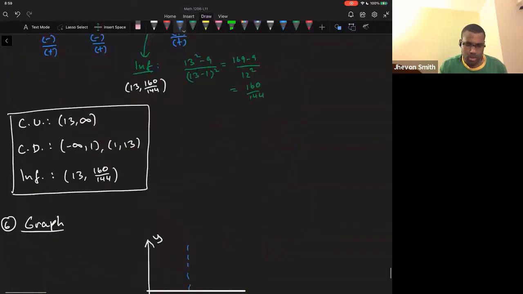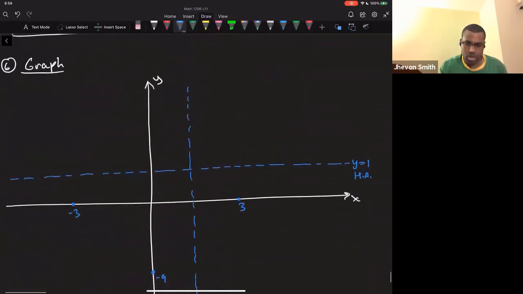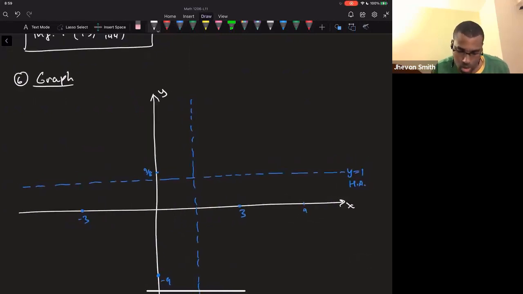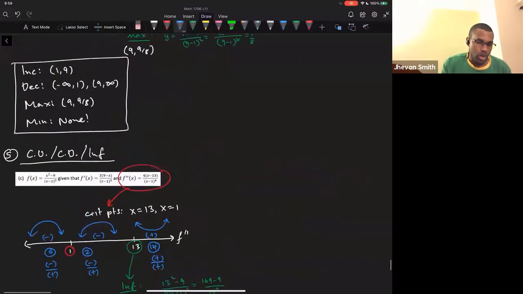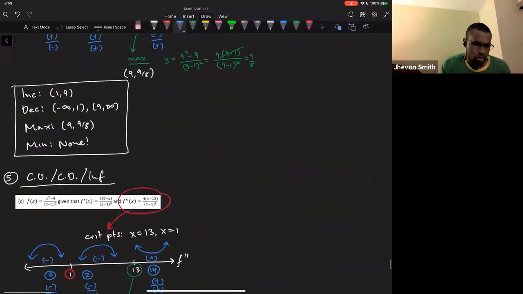Maximum 9, comma 9 over 8. It's going to be slightly higher than 1. Minimums, none.